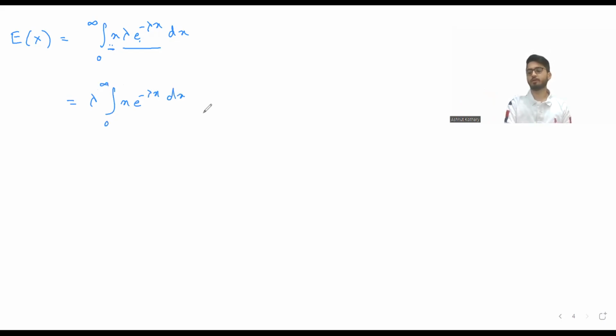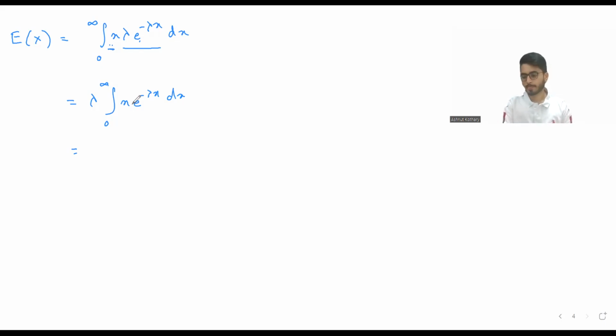Now, if you remember the formula for the gamma integral, check it out. What was there? It was covered in the first class of random variables, I guess. Gamma alpha by lambda to the power alpha.